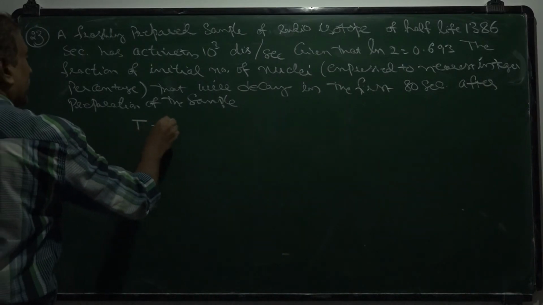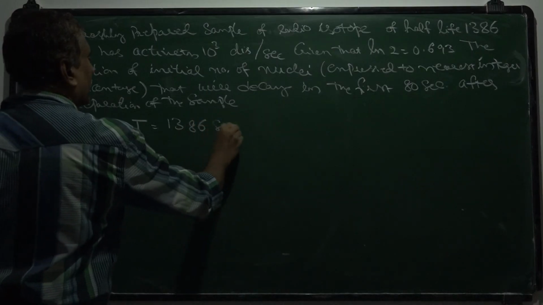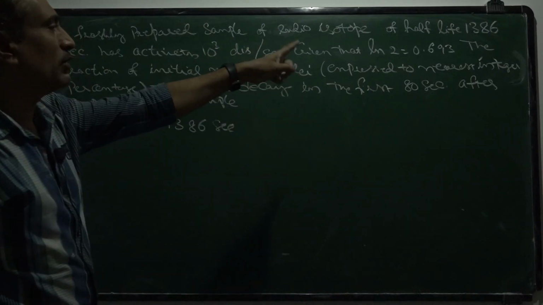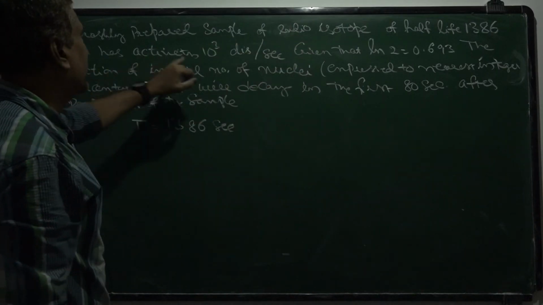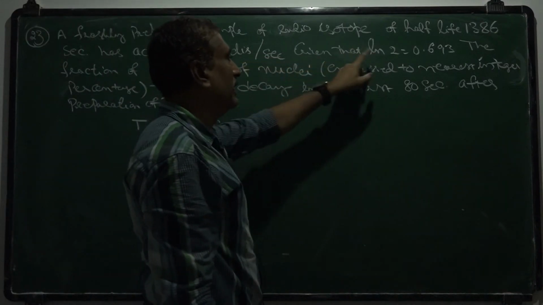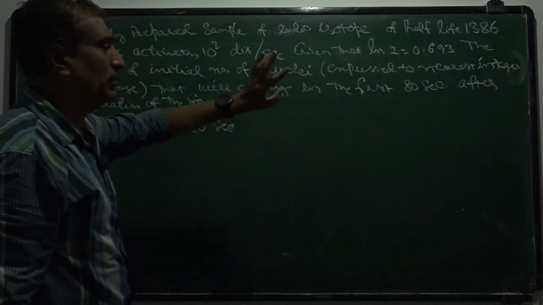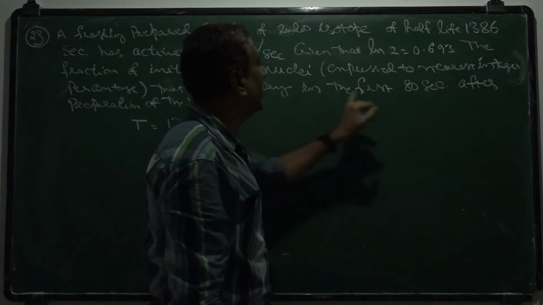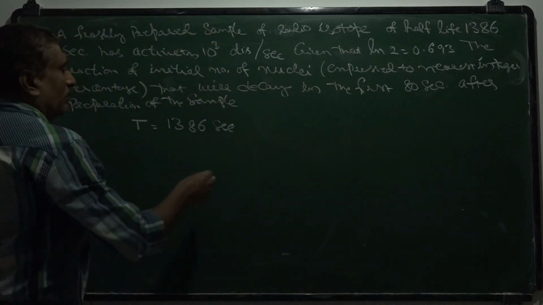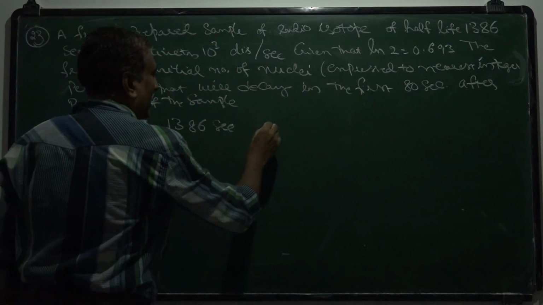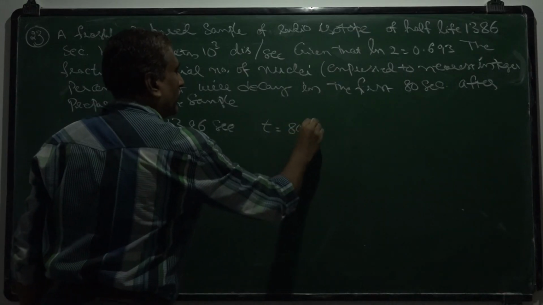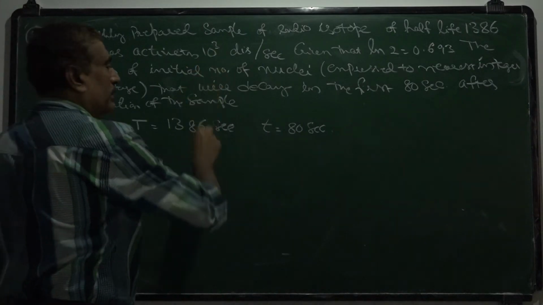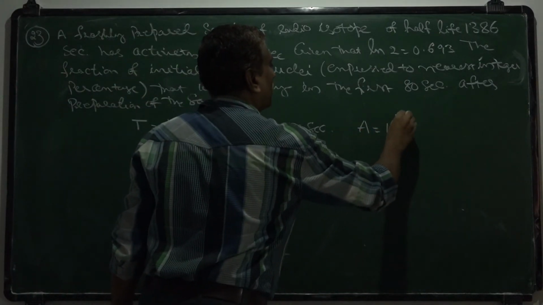Given that a freshly prepared sample of radioactive isotope has half-life T equal to 1386 second and an activity of 10 to the power 10 disintegrations per second, and given ln 2 is 0.693, we need the fraction of the initial number of nuclei that will decay in the first 80 seconds. So t is equal to 80 seconds.